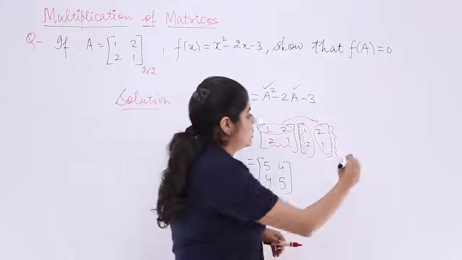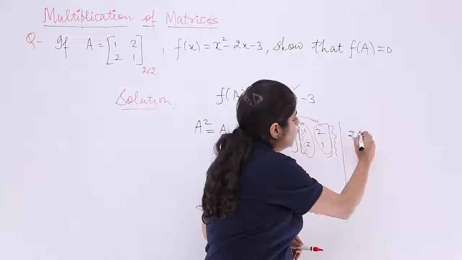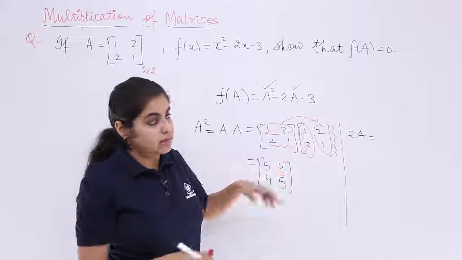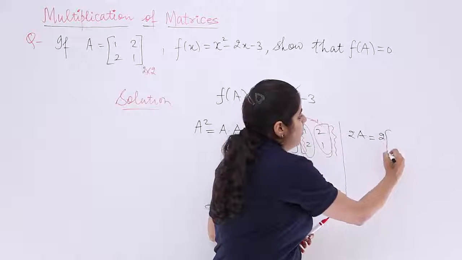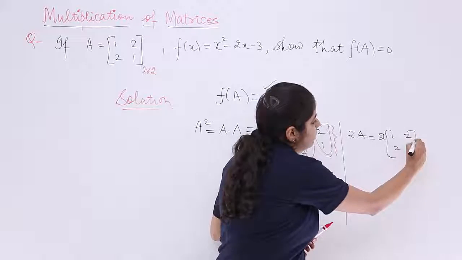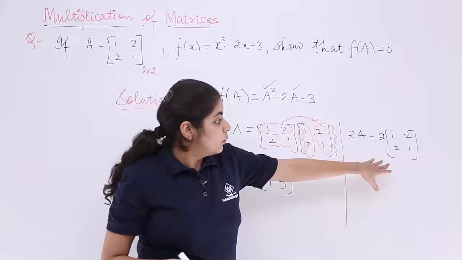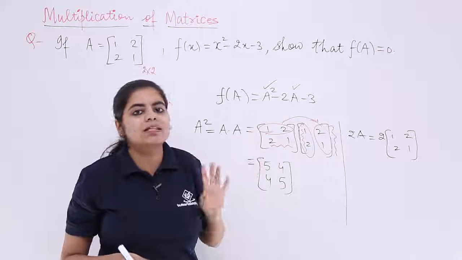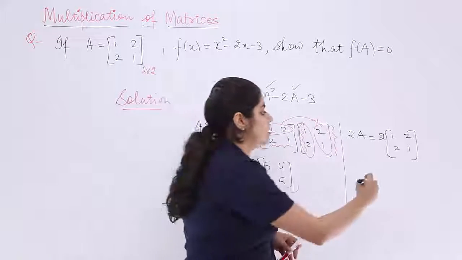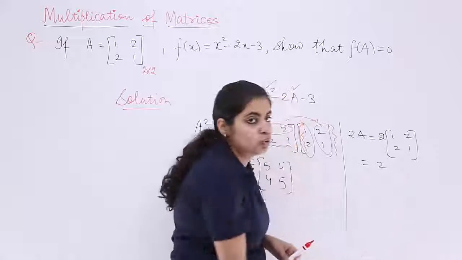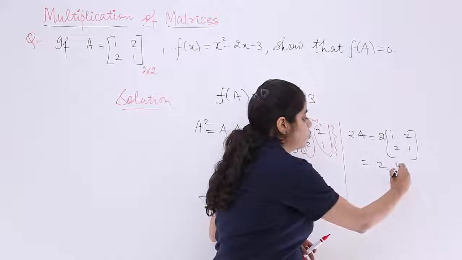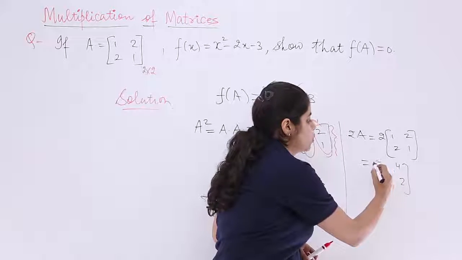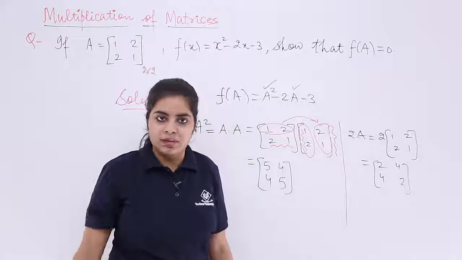So, 2A means 2 multiplied by the given matrix, 2 multiplied by 1, 2, 2, 1. Every element has to be multiplied by the scalar quantity 2. So, the resultant new matrix is 2, 4, 4, 2, right?